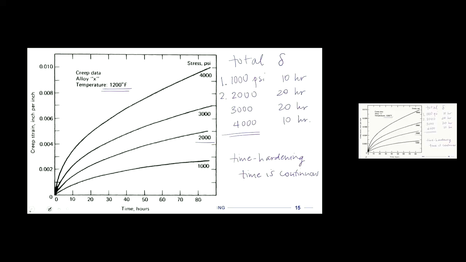So I'm going to draw some lines on here to show how we would go through this for time hardening, right? So the first phase is the bottom line, 1,000 psi for 10 hours. Well, 10 hours is the first number we're given there, so we just follow the bottom line out to 10 hours here. And then we calculate the change in the creep strain.